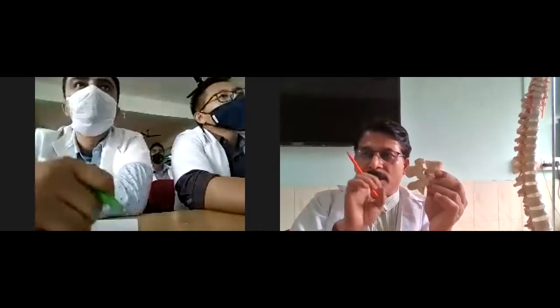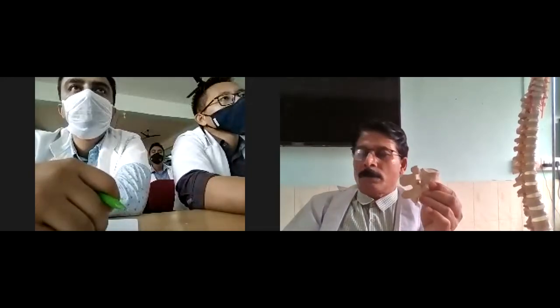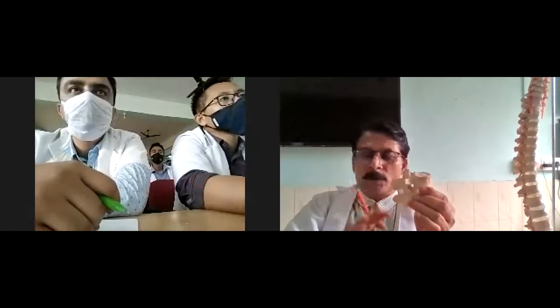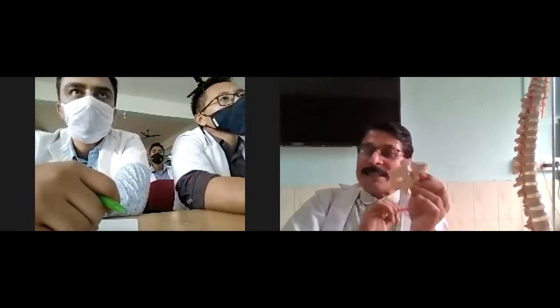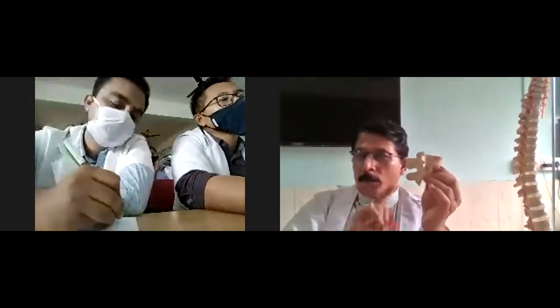We have talked about the cross section. We are not going into very great detail, but you should focus on some practical points and also the orientation. So the intervertebral disc, you all know, has two components.